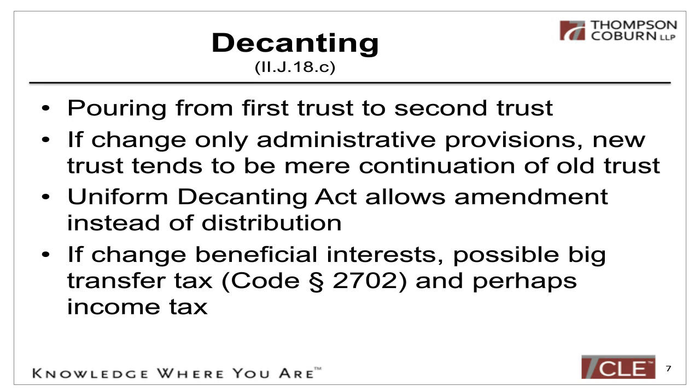But in other cases, they may be wanting to change the dispositive provisions. So if you're going from one trust to another and you decant the entire trust and you just change the administrative provisions and you're not changing any beneficial interest at all, then the new trust tends to be treated as a mere continuation of the old trust.